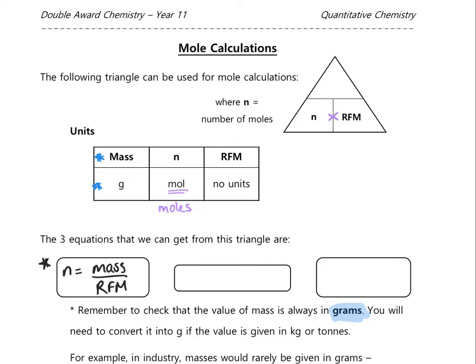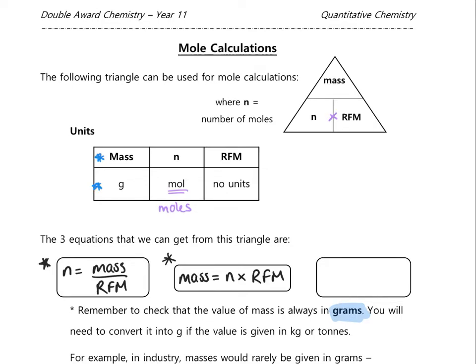If you prefer to write it that way, that's absolutely fine. So if we're trying to work out the mass of a substance, we do N, which is the number of moles, multiplied by RFM. So it's N times RFM. And again, that's going to be a really important equation.